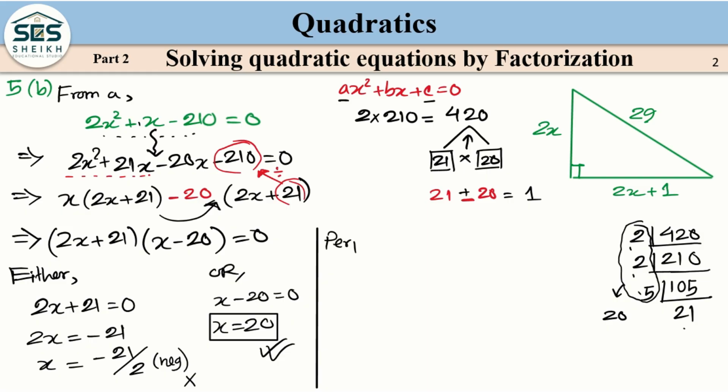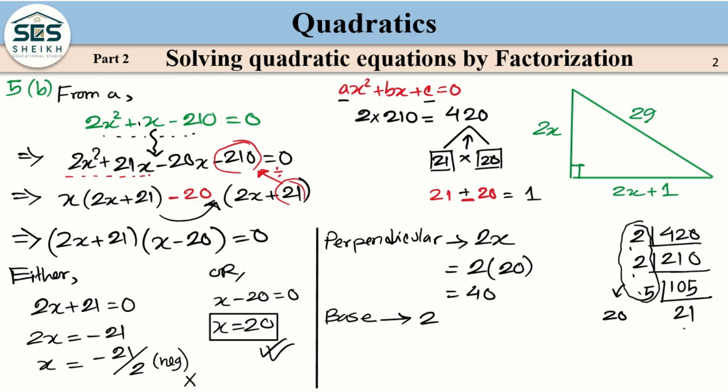So our perpendicular, that is 2x, will be 2 times 20, and it's 40, and our base will be 2x plus 1.